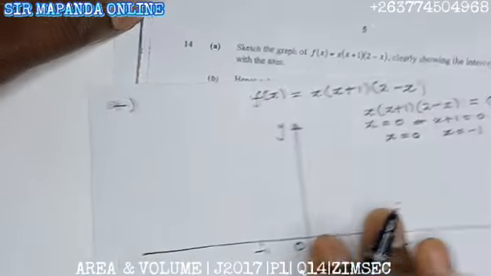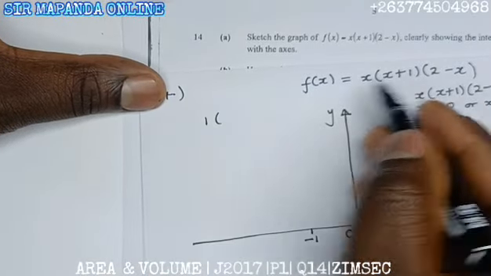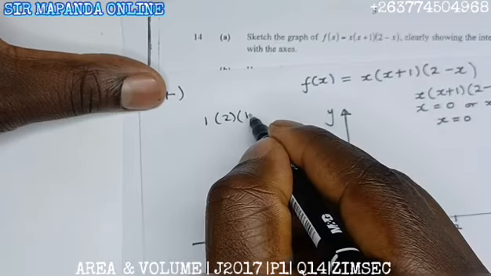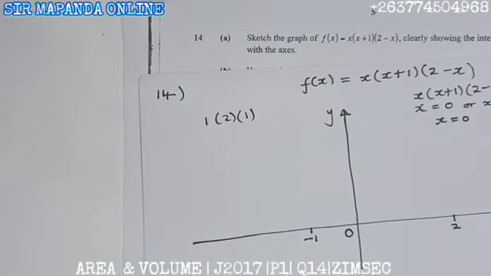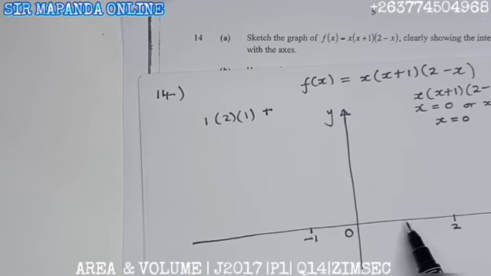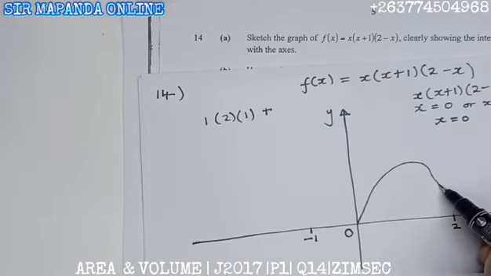So putting 1 on x here, you get 1(1 + 1)(2 − 1). 1 plus 1 is 2, 2 minus 1 is 1. So 1 times 2 times 1, you get 2, which is a positive. So it means in this region, we have positive values of y, since 1 is giving a positive number.